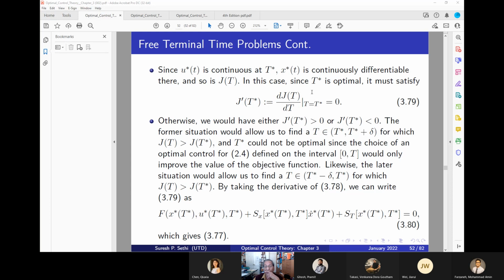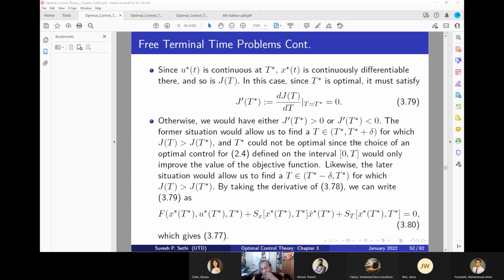If not, then we would either have J prime of T star bigger than 0 or J prime of T star less than 0. Let's say it is bigger than 0. That means that the former solution would allow us to find a t for which J of t is bigger than J of T star.